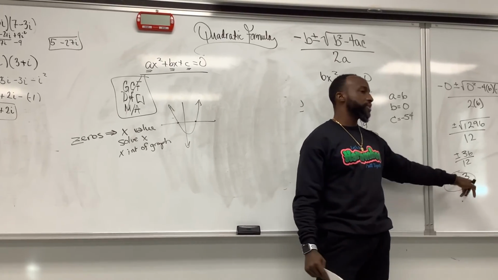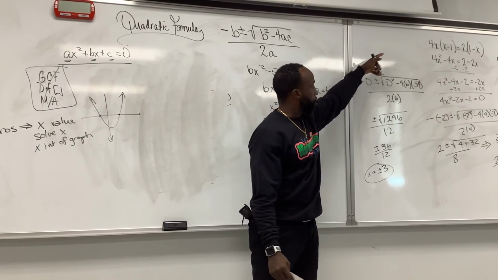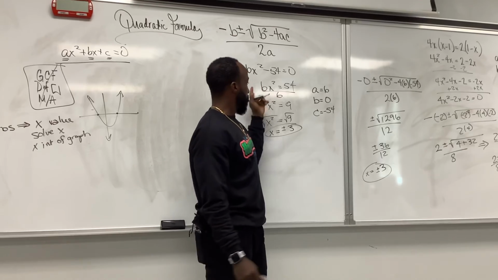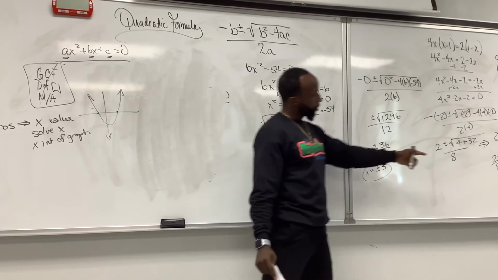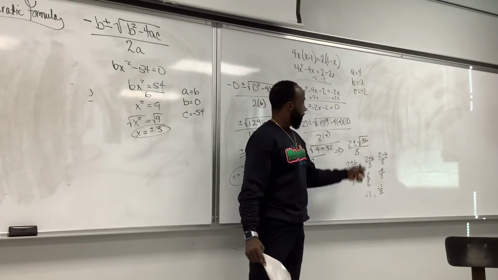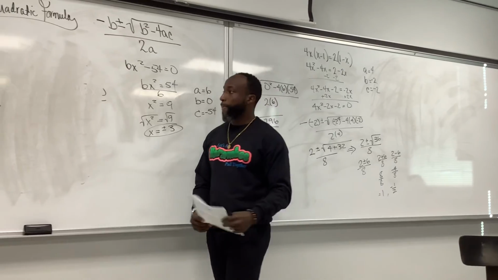So essentially, plus or minus 3 means that this particular equation is crossing the x-axis at positive 3 and negative 3. This particular equation here is crossing the x-axis at 1 and negative 1/2. Okay?